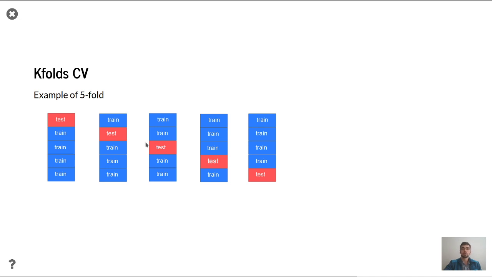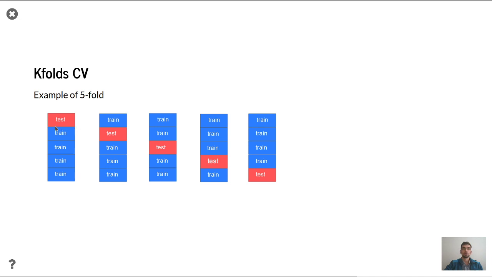And in this case, we can use a simple algorithm, which is so-called k-fold cross-validation. And this is an example of 5-fold cross-validation. So initially, we split our data into 5 parts, or k parts. And then for each complexity, we train k models.